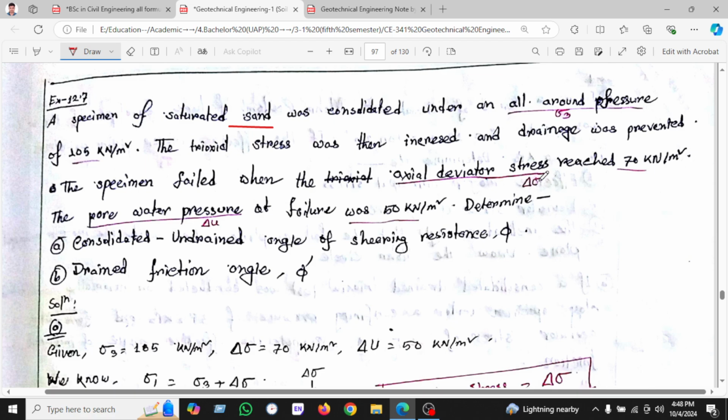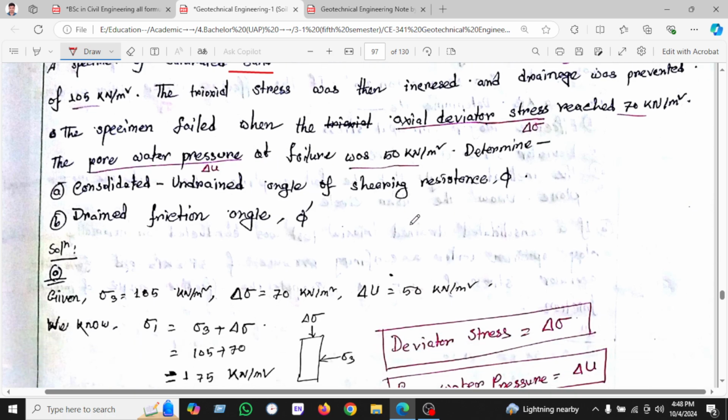The deviator stress delta sigma is 70, and the pore water pressure at the failure mode, delta U, is given as 50. Determine the consolidated undrained shear strength angle phi, and the drained friction angle phi prime. So this sigma 3 and delta sigma and undrained and delta U are given here.